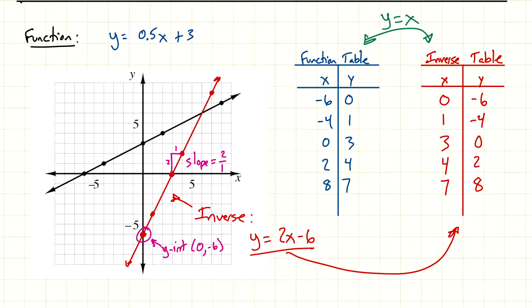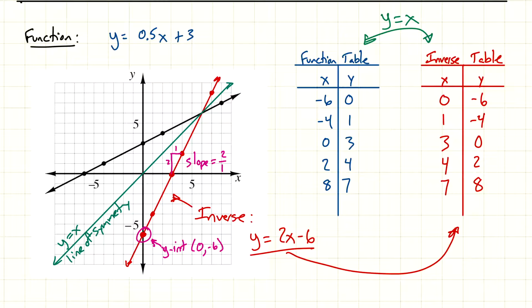So this is what's happening. If I graph that equation y equals x, we start to see this line that goes through. This is our line of symmetry.